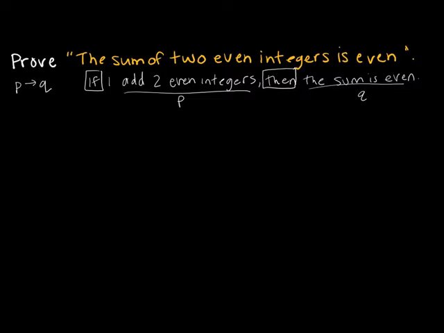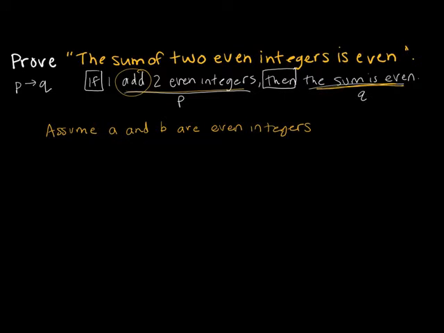So for p, I'm basically going to say, I have two even integers. So when I get started on my proof, I'm going to say, assume a and b are even integers, which is essentially what this is saying. Now I didn't include the add, but that's okay because over here sum implies that I'm adding. So assume a and b are even integers.